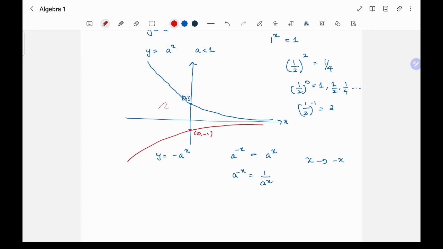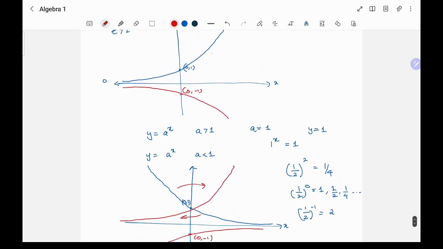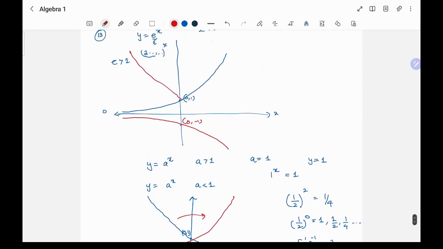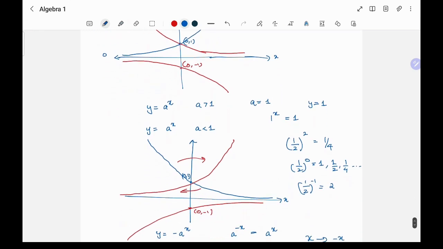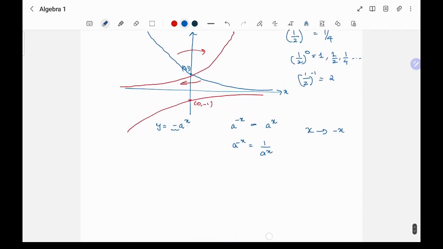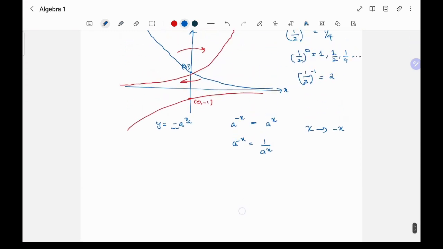So a power minus x will be this way. It will just reflect about the y axis. Here also similarly you can draw. Right? So that is when y turns negative and we change x to minus x.